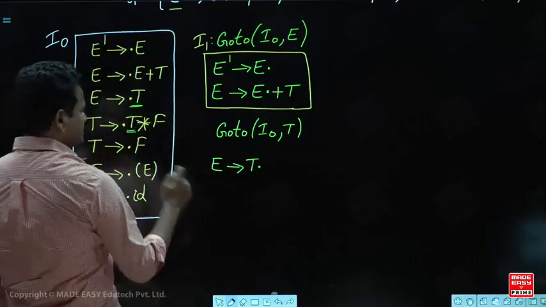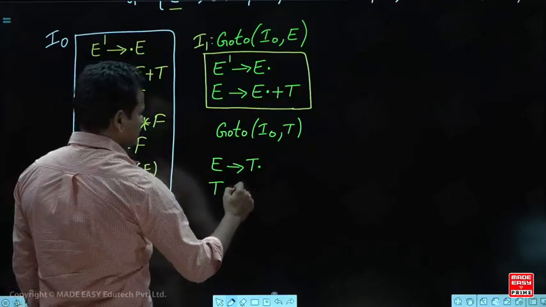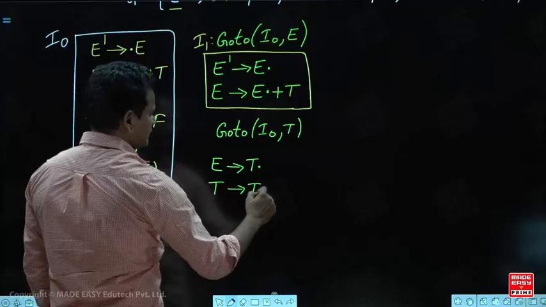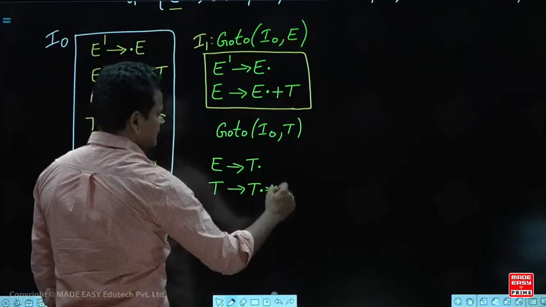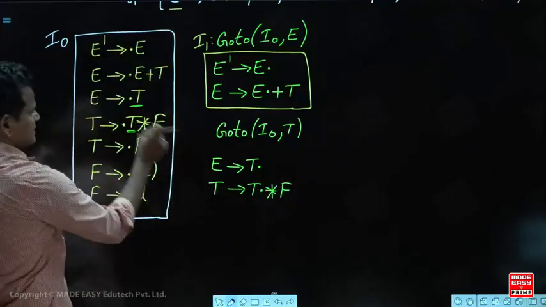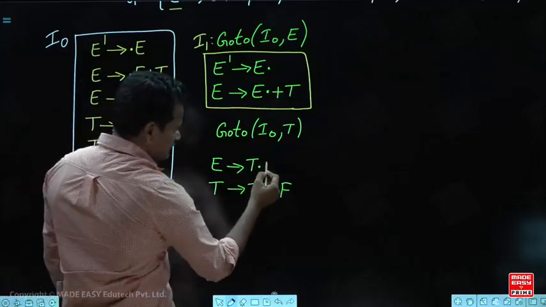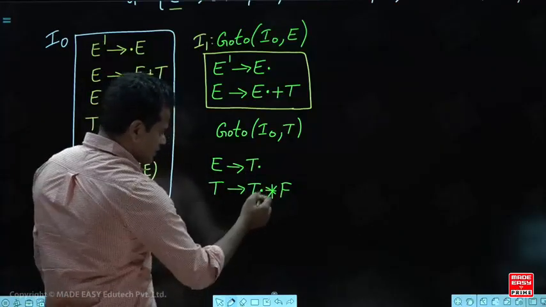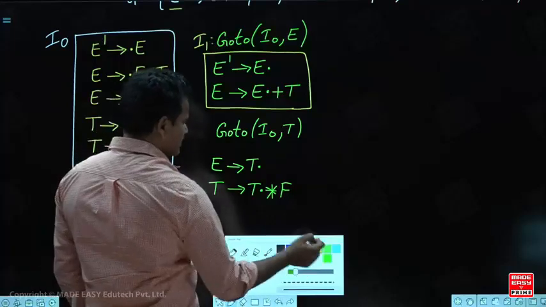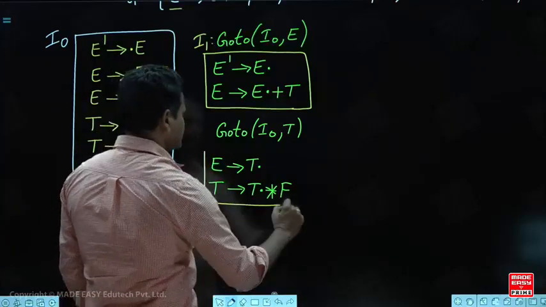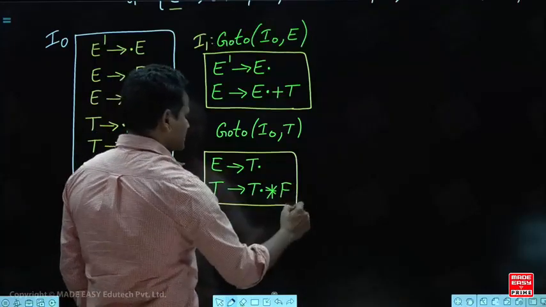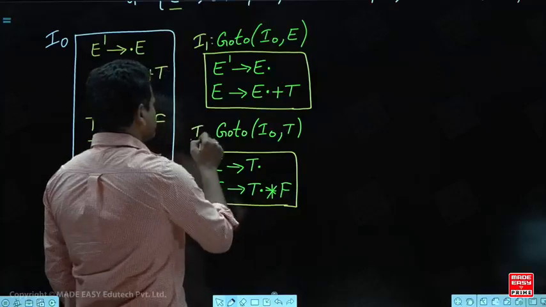And for this, move the dot, T → T . * F. Are you following? Now, dot after nothing, dot before a terminal. Terminals won't have any productions. So close this. You cannot add any other productions in this state. So name this as I2.